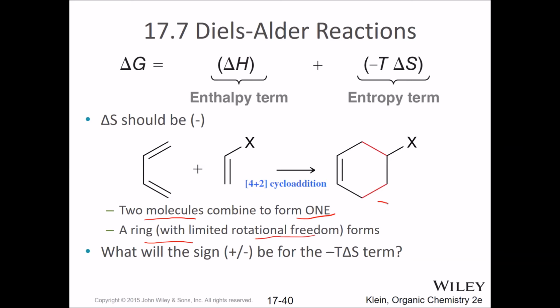So both of these factors make the product more ordered, lower entropy. The change in entropy then is going to be negative. Okay? So if the change in entropy is negative, what's the sign for the entropy term?